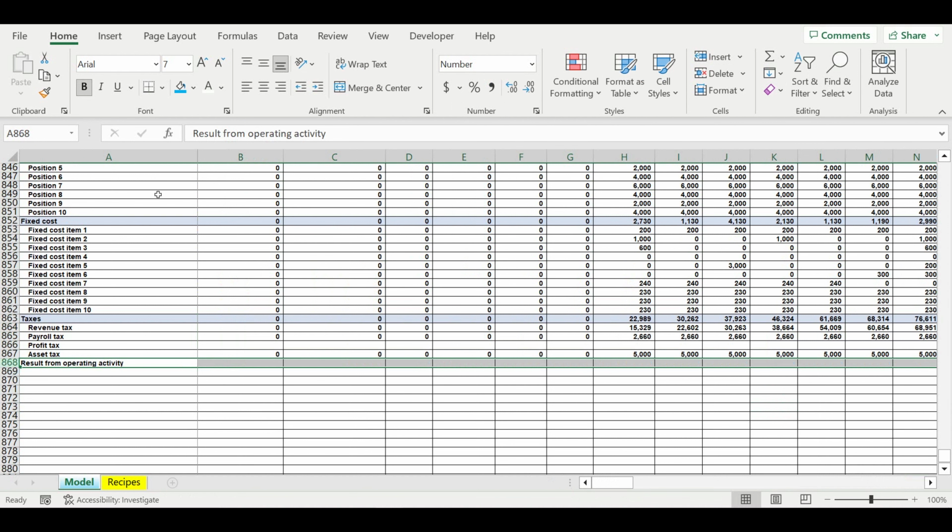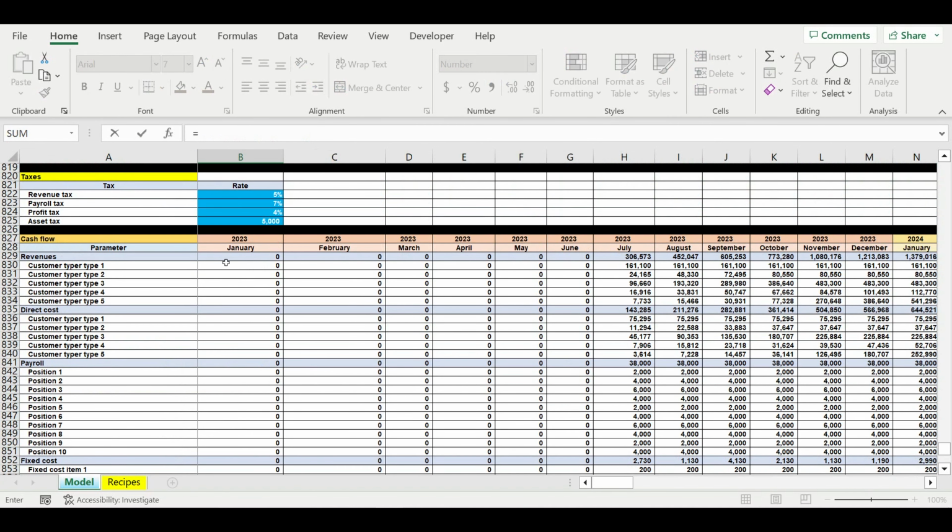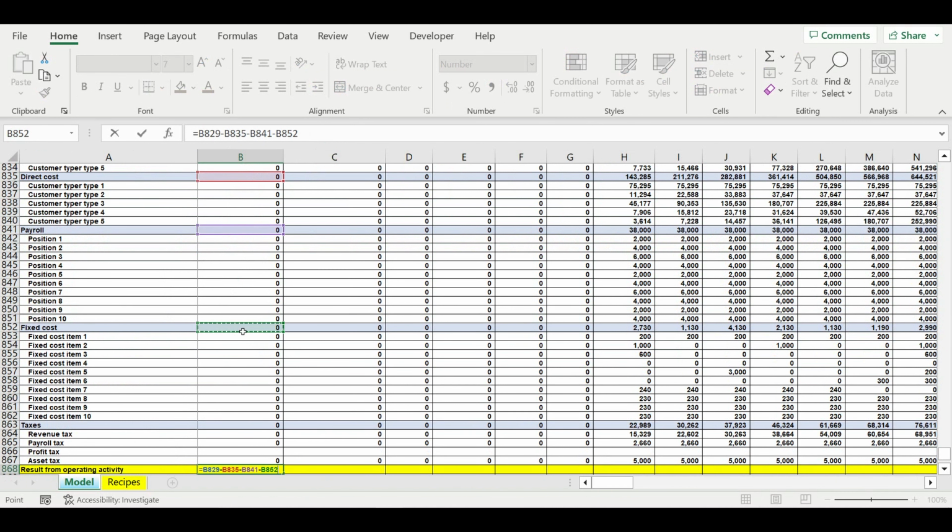So this is the first important result from operating activity. So we are taking revenues minus direct costs minus payroll minus fixed costs minus taxes. And now we're extrapolating this formula to the right.